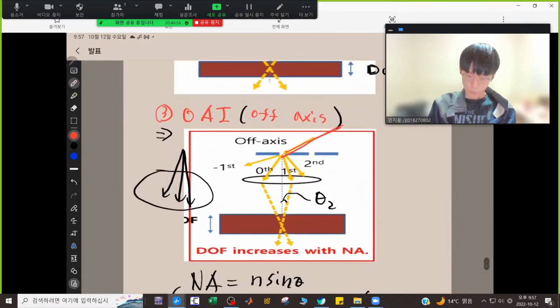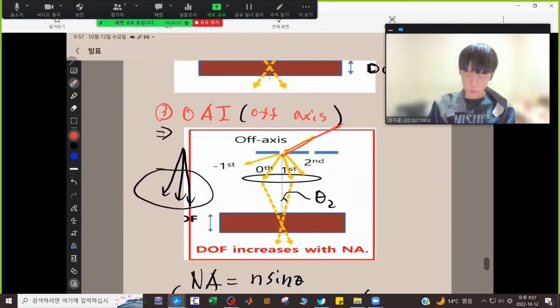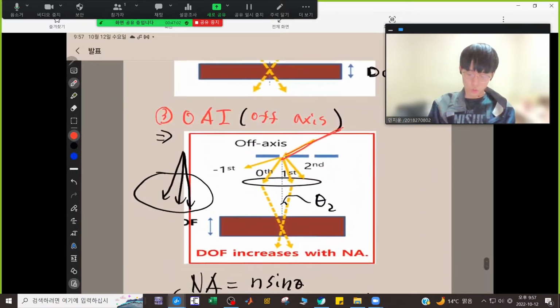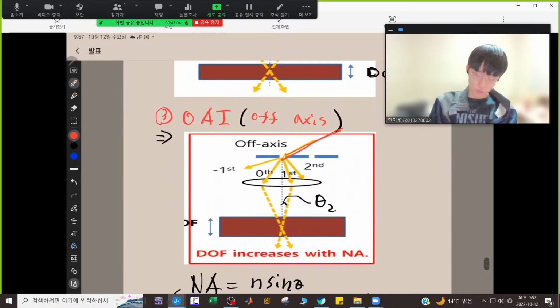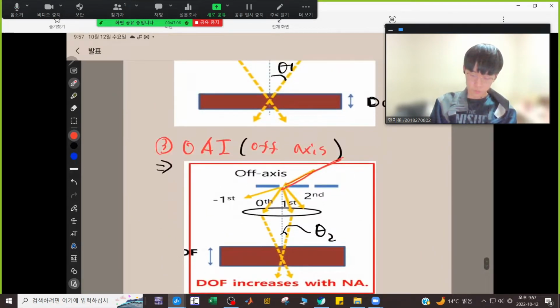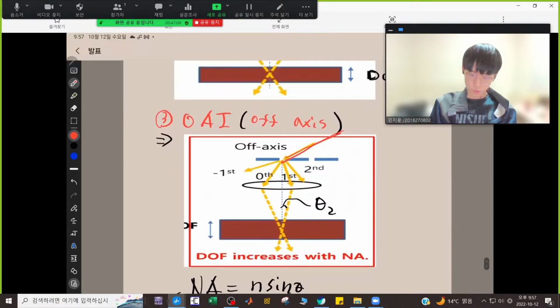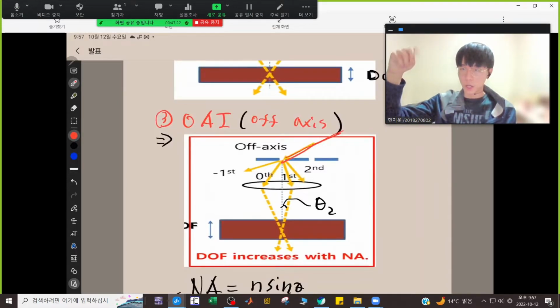Also, if we use off-axis illumination, then we can get a small angle of exposed light to the wafer.